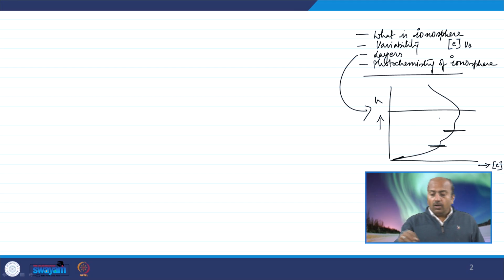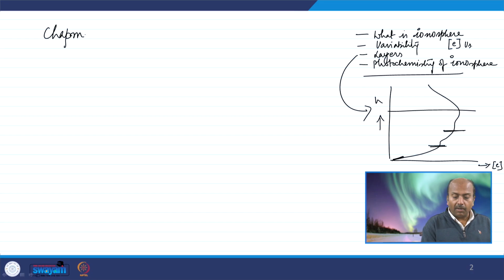Now, in order to have a mathematical formalism which can reproduce this variability, we need an analytical theory. Such a theory was proposed by Sydney Chapman, Chapman's theory.